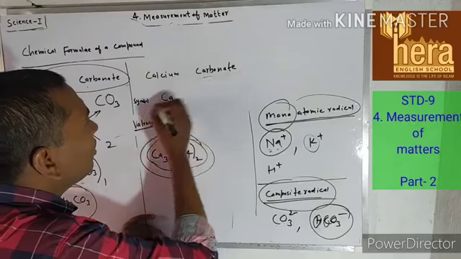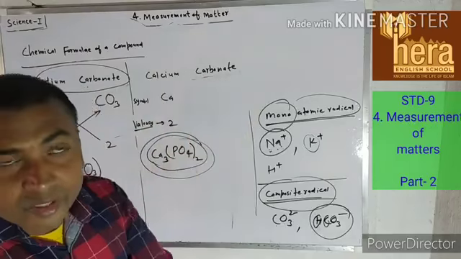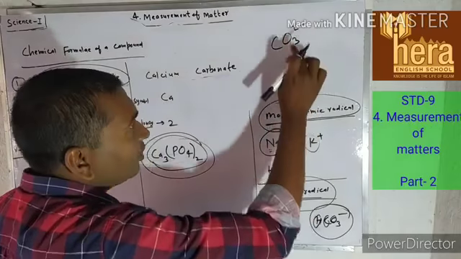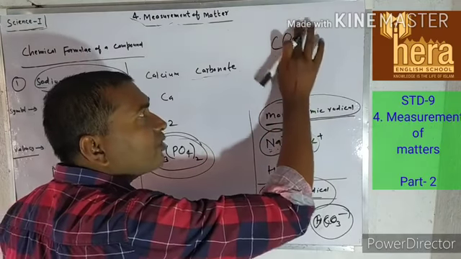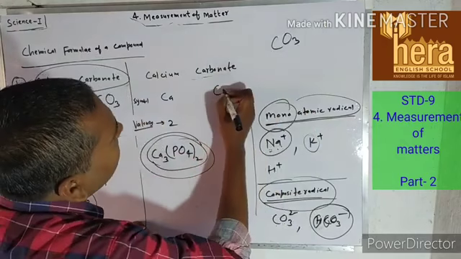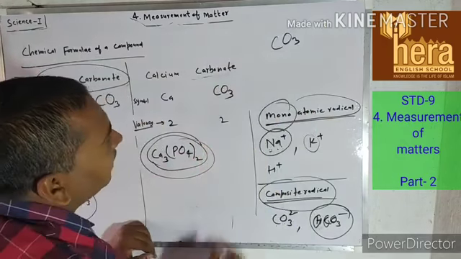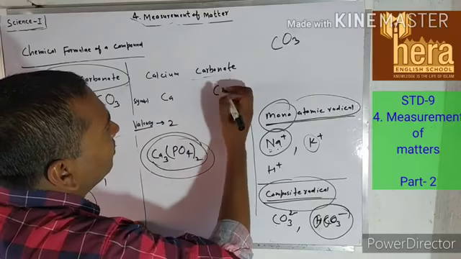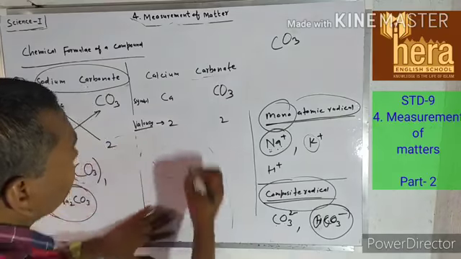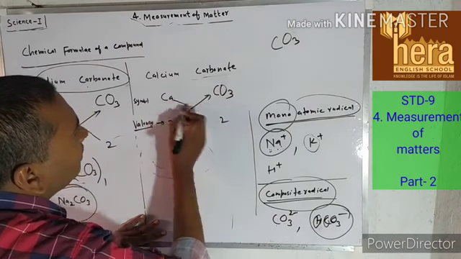The symbol of carbonate given in the textbook is CO3 2 minus. In place of valency you will write 2, and the symbol is CO3, with capital O. This is important.